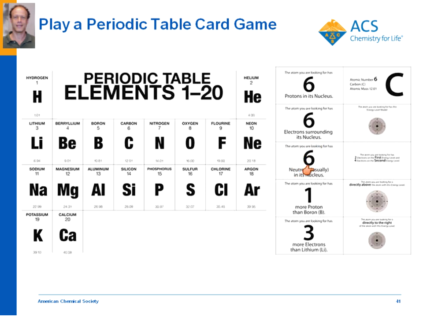Now here's another one. The atom you are looking for has 6 neutrons, usually, in its nucleus. Now, that's a tricky one. How would you figure that out? We help kids do a couple of these before we let them try it in a group.